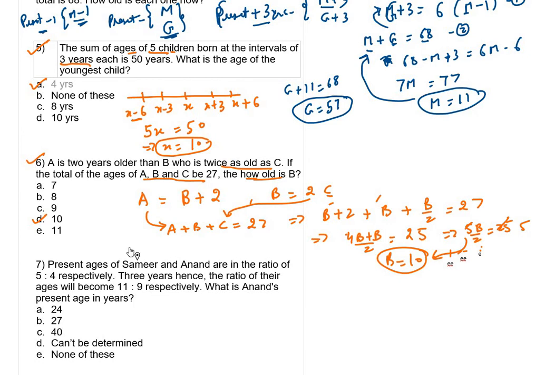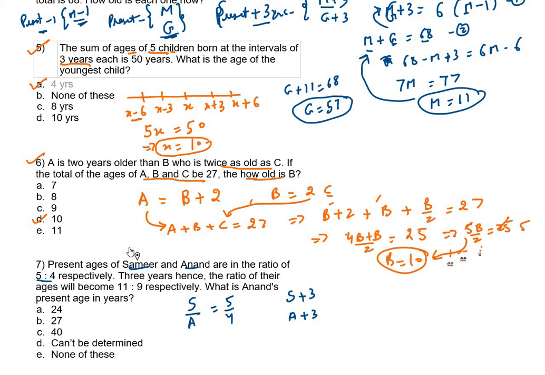So the 7th problem is: the present ages of Sameer and Anand are in the ratio 5:4. Let's say Sameer's age is S and Anand's age is A, so they are in the ratio 5:4. 3 years hence, what will be their ages? S plus 3 and A plus 3.